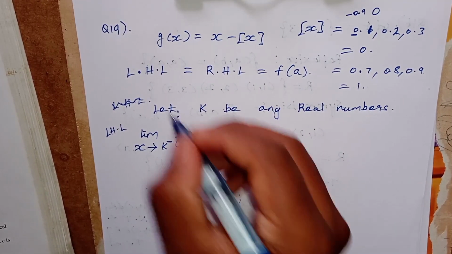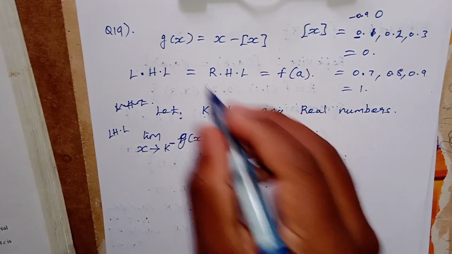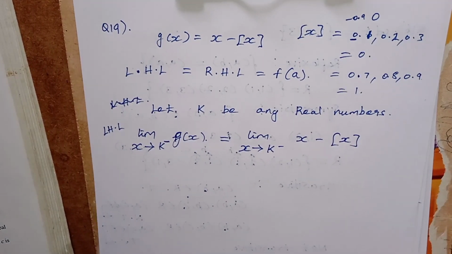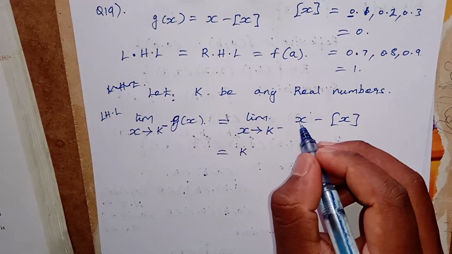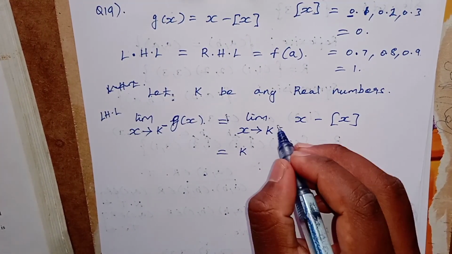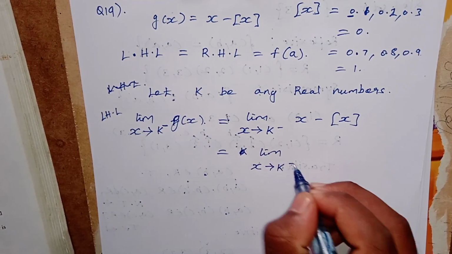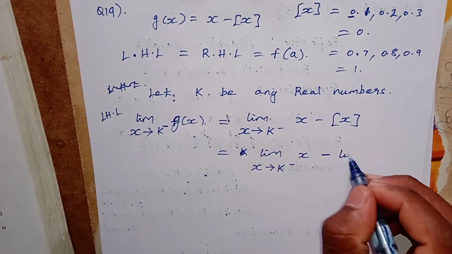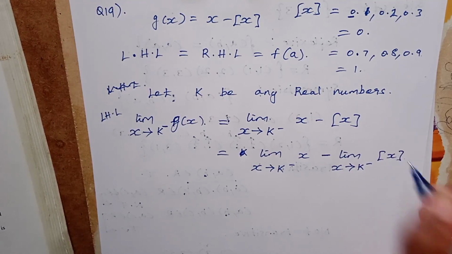In the place of f of x, my function is g of x, therefore we have to substitute x minus the greatest integer function, and in the place of x we have to substitute k. Now you have to apply the limit individually. For the first term, limit x tends to k minus of x, next minus limit x tends to k minus of the greatest integer function.